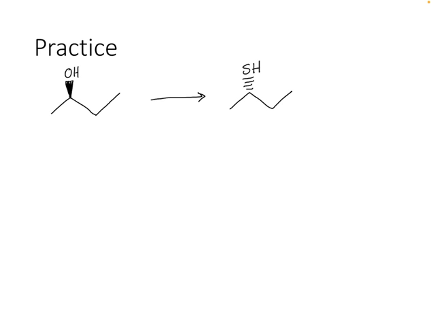So the first thing we should think about is our nucleophile would likely be SH minus, right? Because we want that to come in and attack the carbon next to the leaving group. Okay, so we want SH minus as our nucleophile. But then notice that the product is inverted from the original reactant.